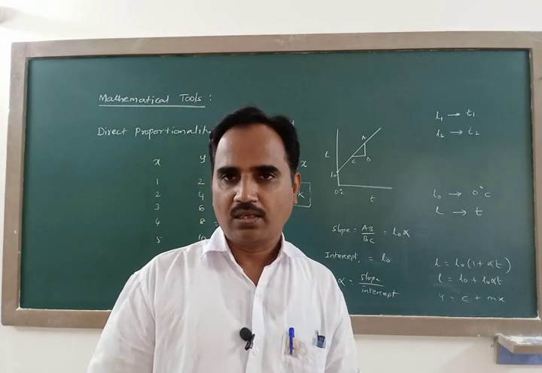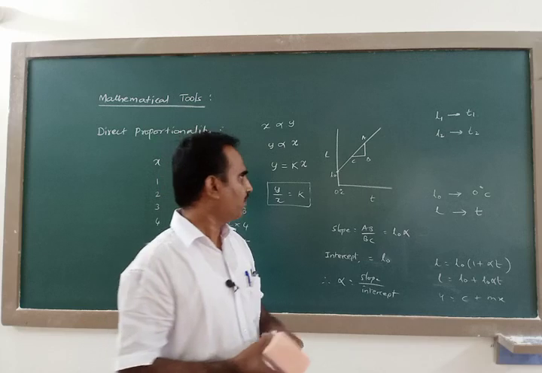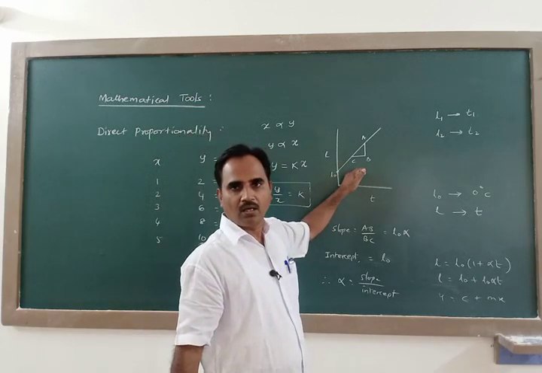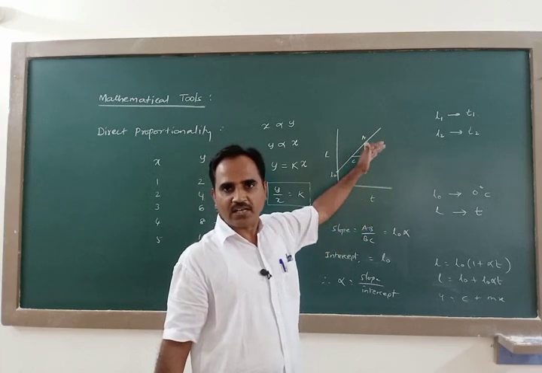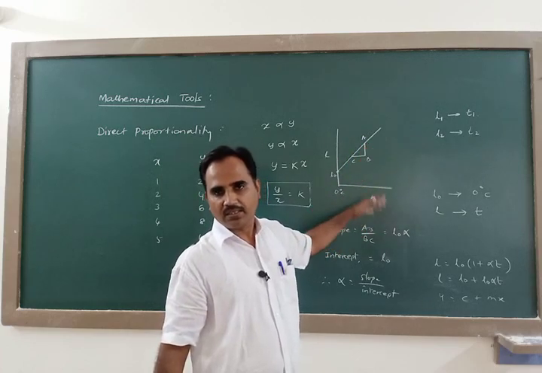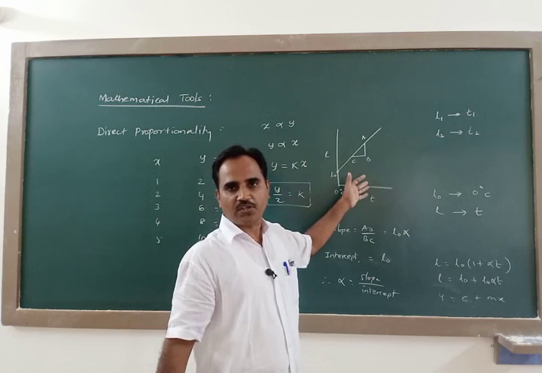See, in the NEET examination, you will be given a graph like this. The length of a wire at different temperatures is plotted against the temperature in the given diagram. What is the coefficient of linear expansion of the wire?